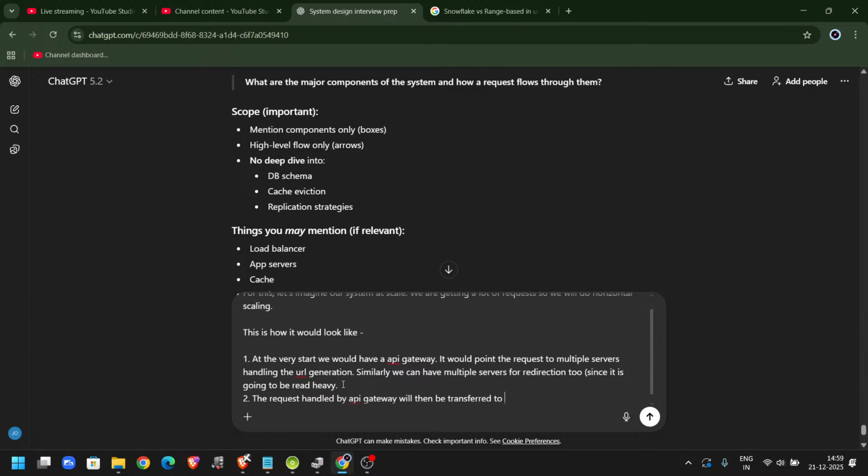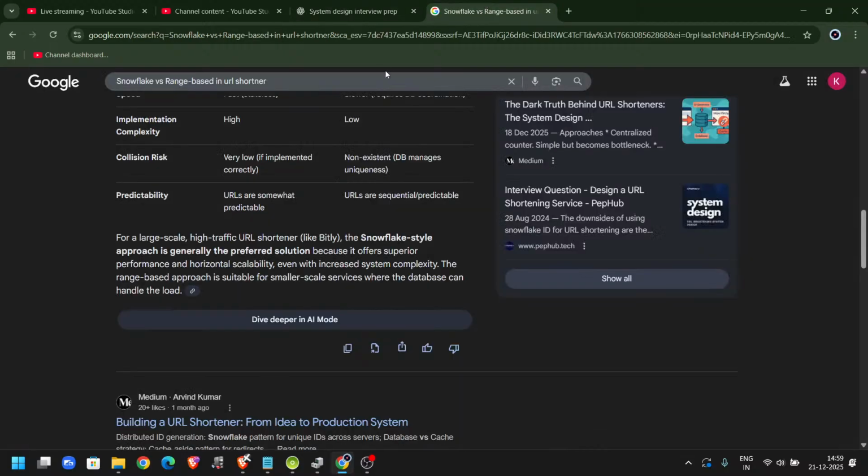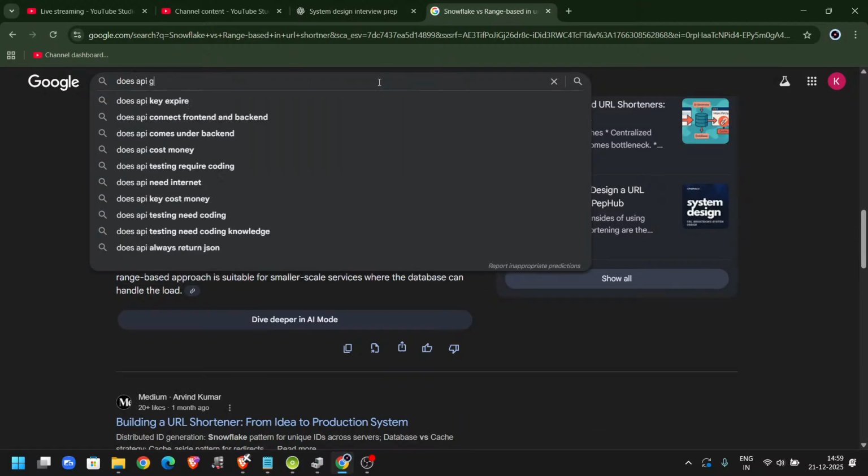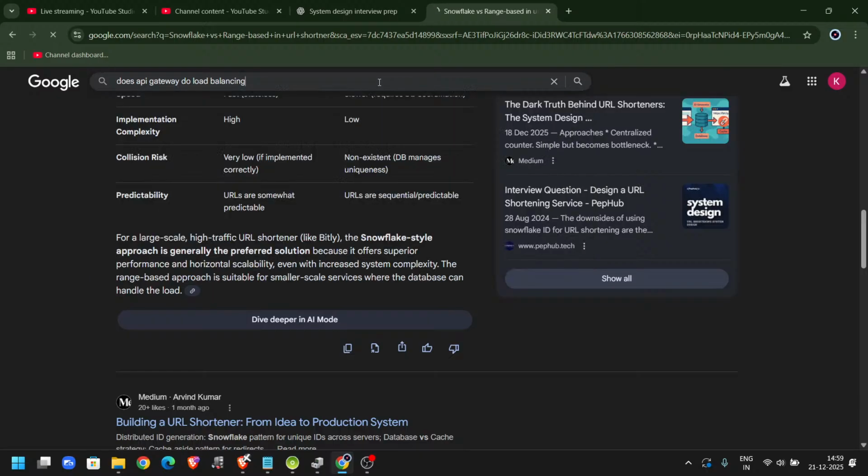I think they work in combination. Okay, let's ask. API gateway do load balancing. Yeah, exactly.